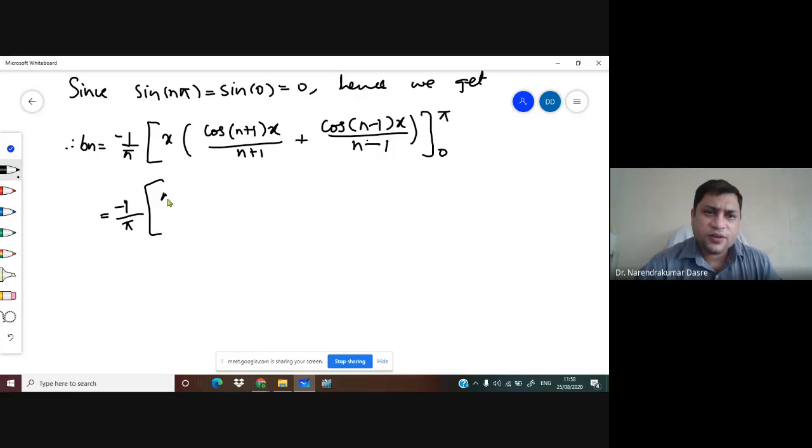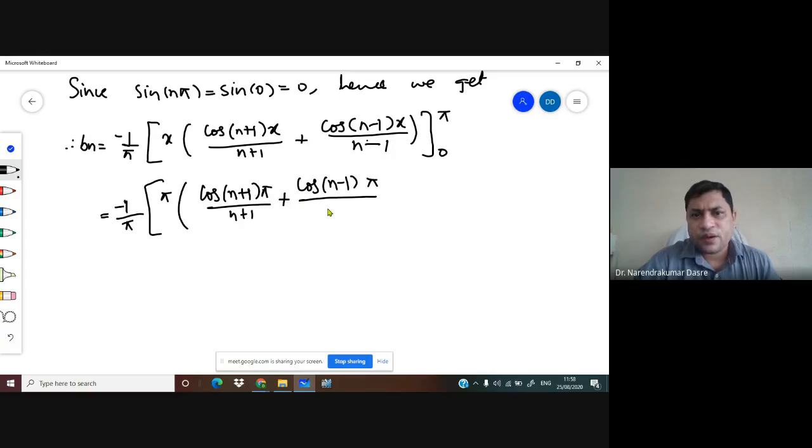So if I use pi, then this will become pi, and you have cos of n plus 1 pi upon n plus 1 plus cos of n minus 1 pi upon n minus 1, and this minus 0. Because we have x here, so if I put x is equal to 0, everything will turn out to be 0.